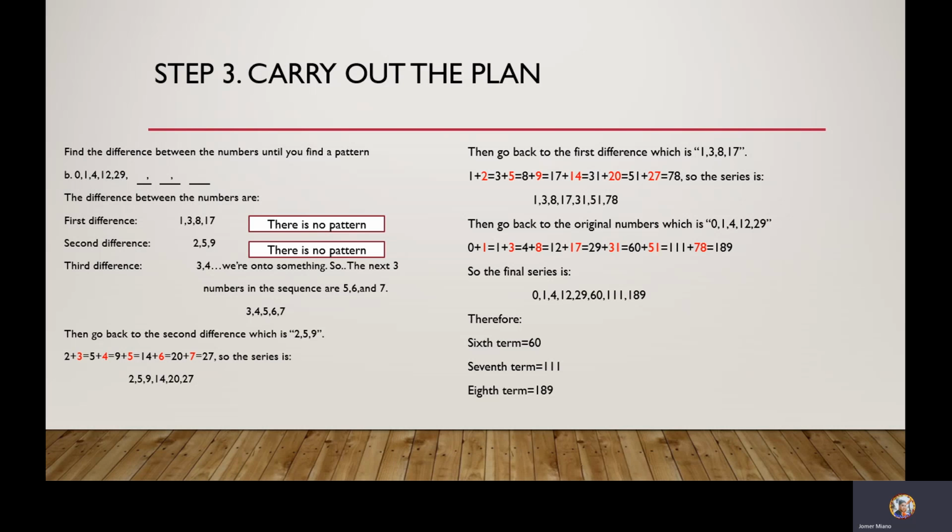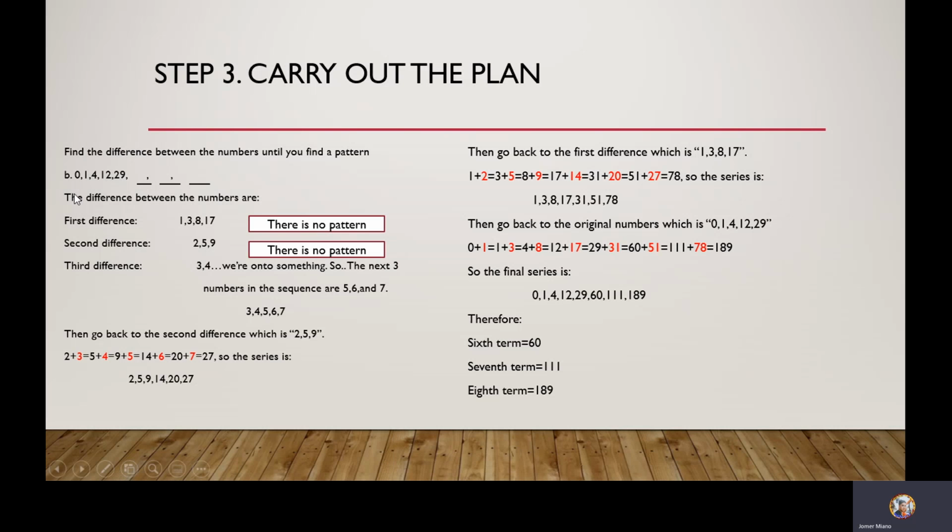So napansin nyo, wala pa rin siyang something logical pattern. Kaya punta tayo sa pangalawang difference, which is 2, 5, and 9. At kagaya ng nauna, wala pa rin siyang something logical pattern.